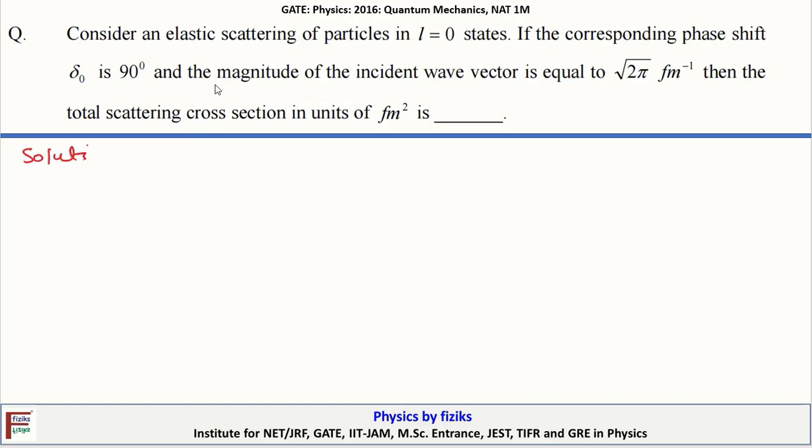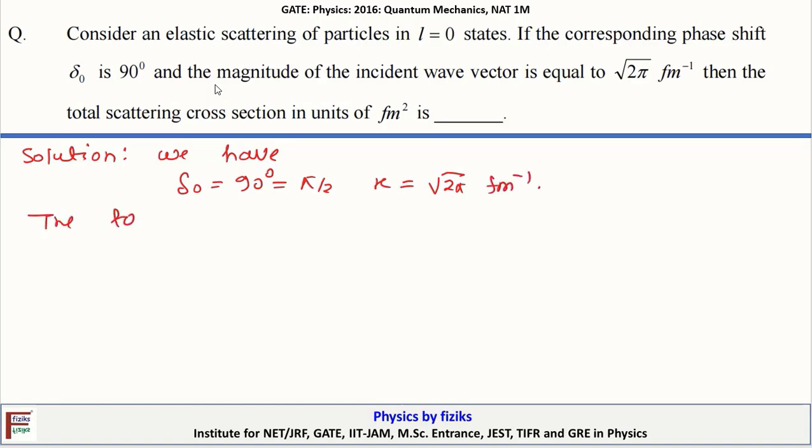Solution. We have δ0 equal to 90 degrees or π/2, and k is equal to √(2π) fermi⁻¹.